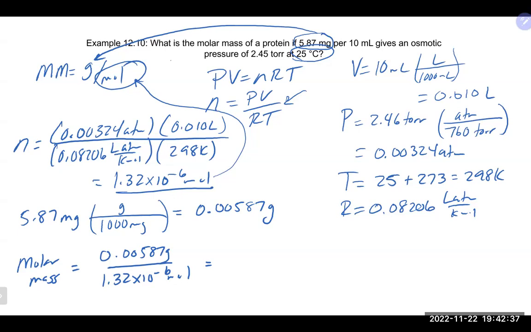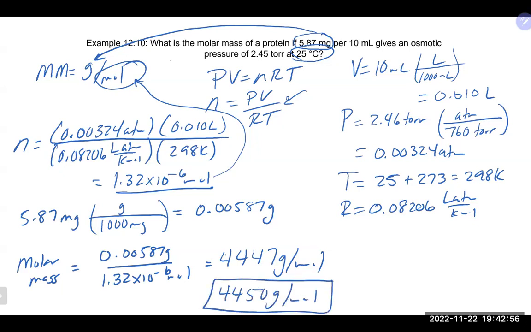That's going to get us a molar mass here of approximately 4,447 grams per mole, or maybe about 3 sig figs would be good, 445 grams per mole. So it is a protein, so it should have a pretty big molar mass in that case.